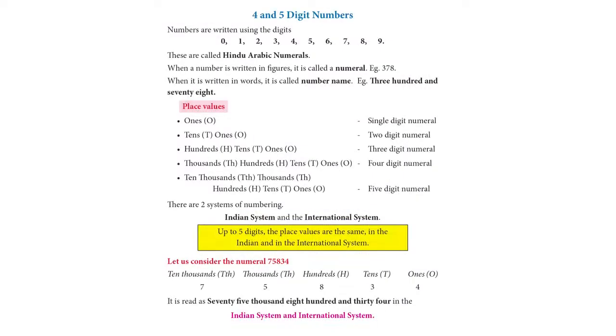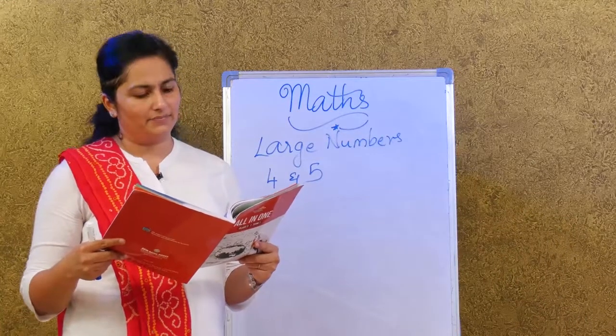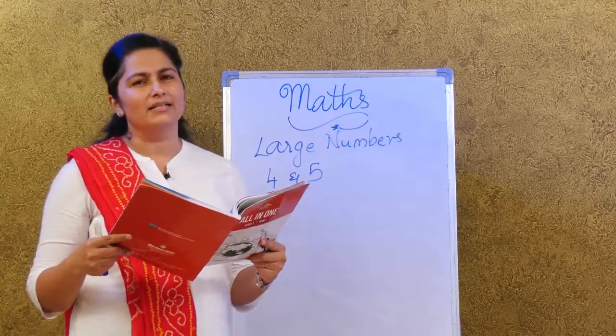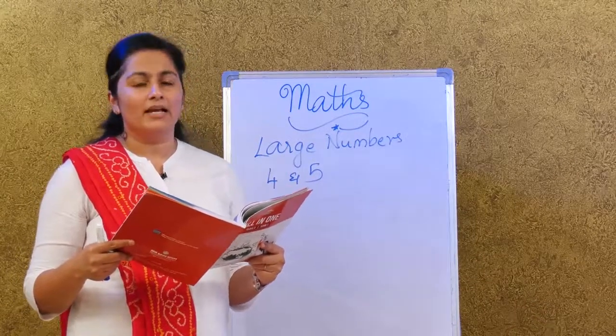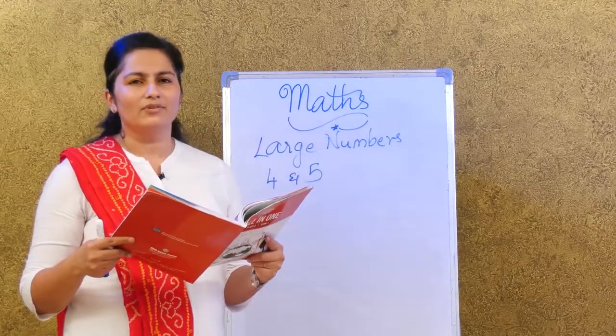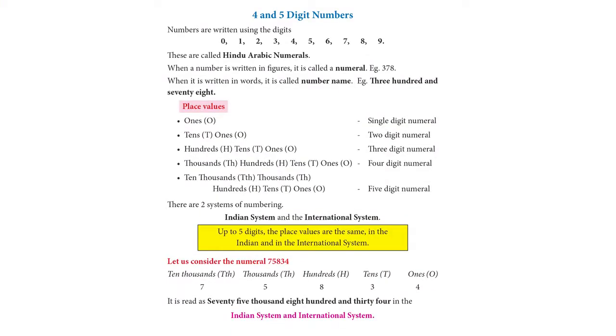Numbers are written using digits. We all have learned that so far, 0 to 9, and these are called Hindu-Arabic numerals or the Indian system of numbering. And we all know numbers and numerals are the same. When you have to name the number, then we use the writing system where we name it in written words.